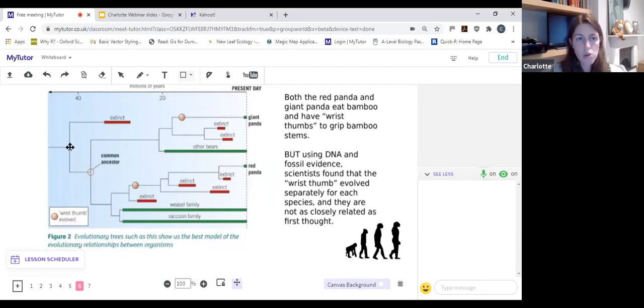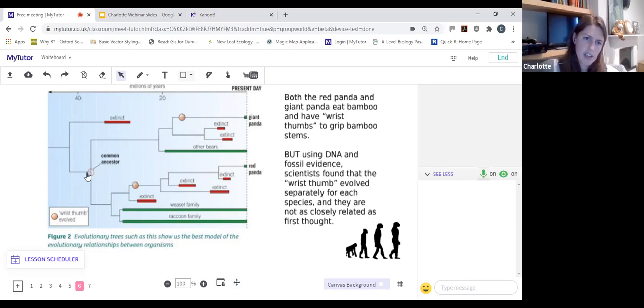Each node on here, each corner, is an organism. Here we've got the example of red pandas and giant pandas. Both of them eat bamboo, and both have wrist thumbs, which help them grip the bamboo stems. So you'd assume that they're quite closely related.